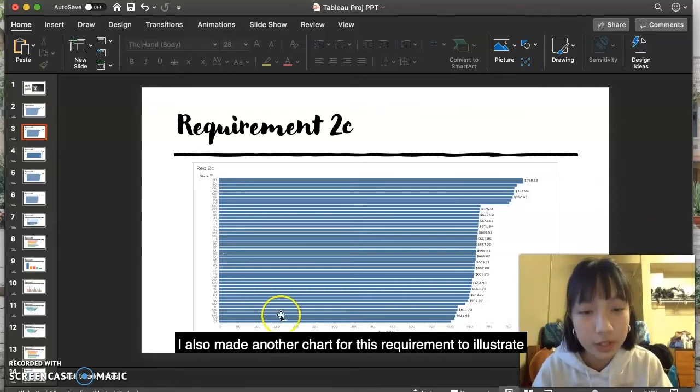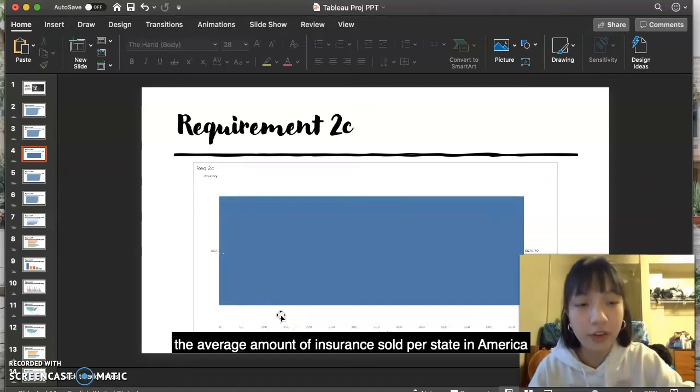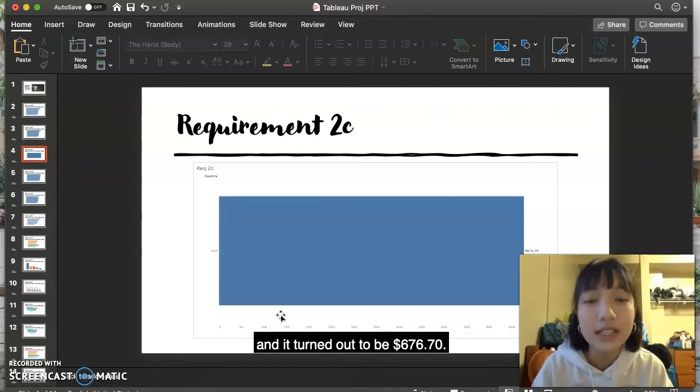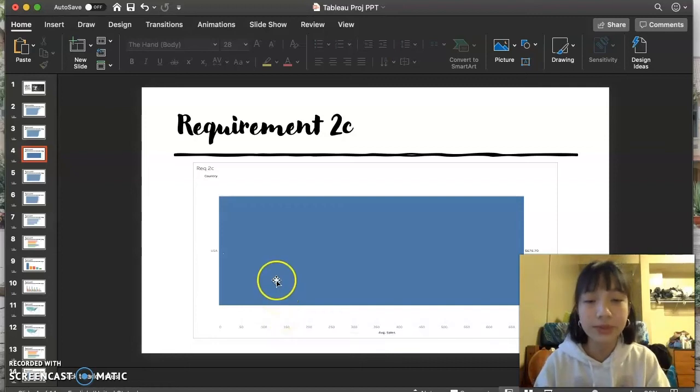I also made another chart for this requirement to illustrate the average amount of insurance sold per state in America, and it turns out to be $676.70. And I saved this chart as requirement 2C.2 in my Tableau file.